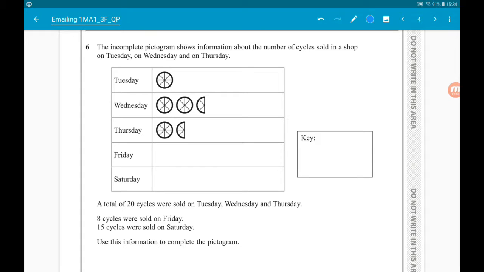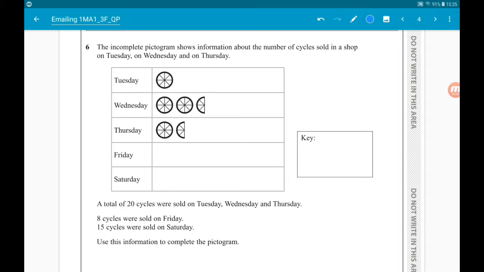Okay, and for number 6, we are told that the incomplete pictogram shows info about the number of cycles sold in a shop on Tuesday, on Wednesday, and on Thursday. Okay, so we have nothing in the key.